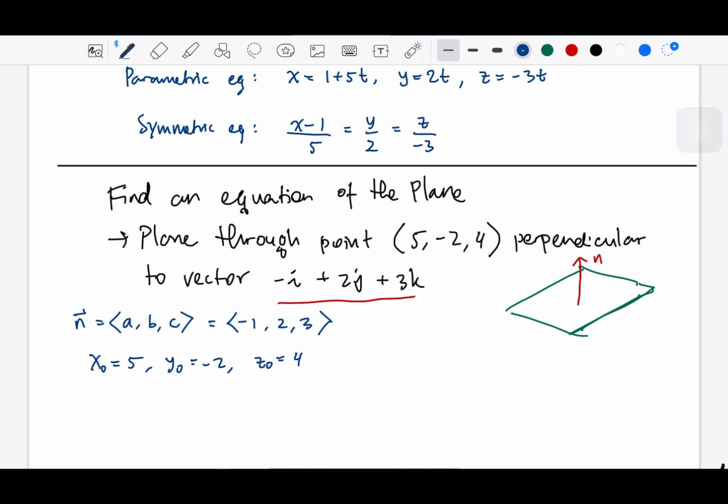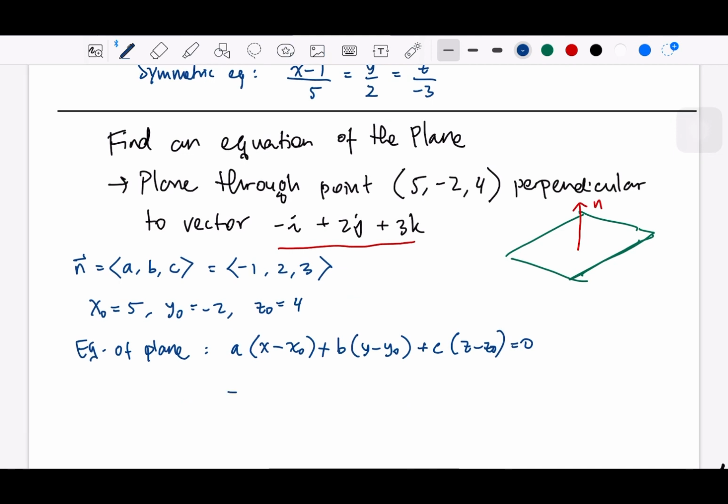So the equation of a plane is a(x minus x0) plus b(y minus y0) plus c(z minus z0) equals 0. Okay.